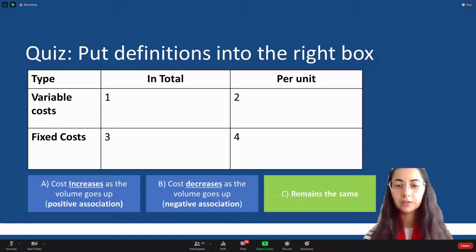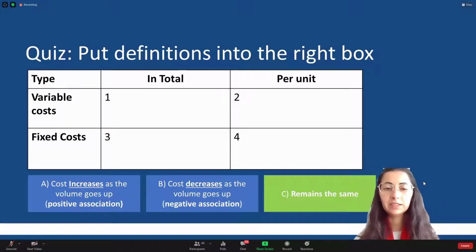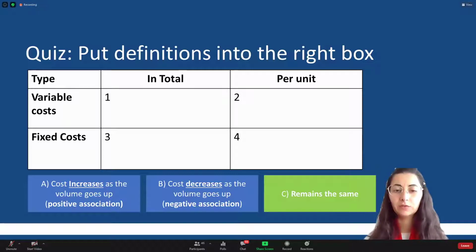Then we have box B, which says that cost decreases as the volume goes up. So there's a negative association.